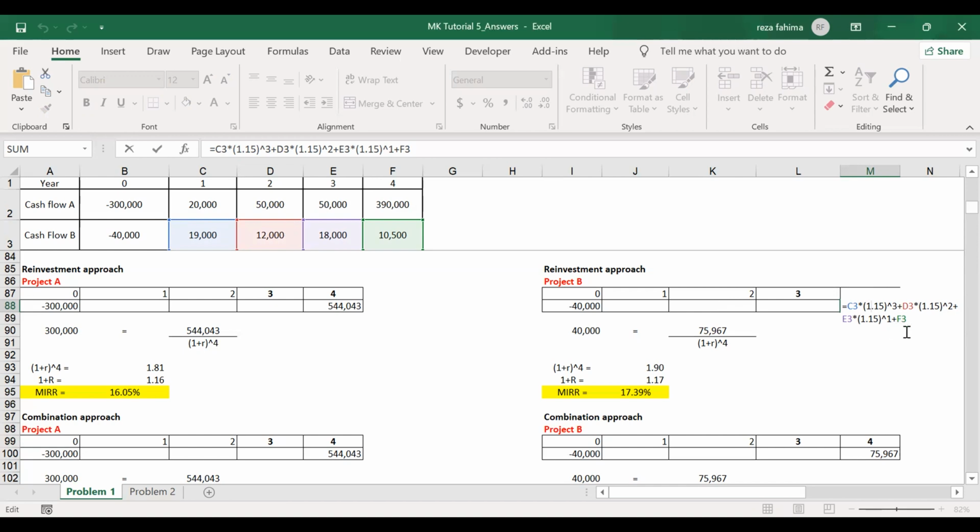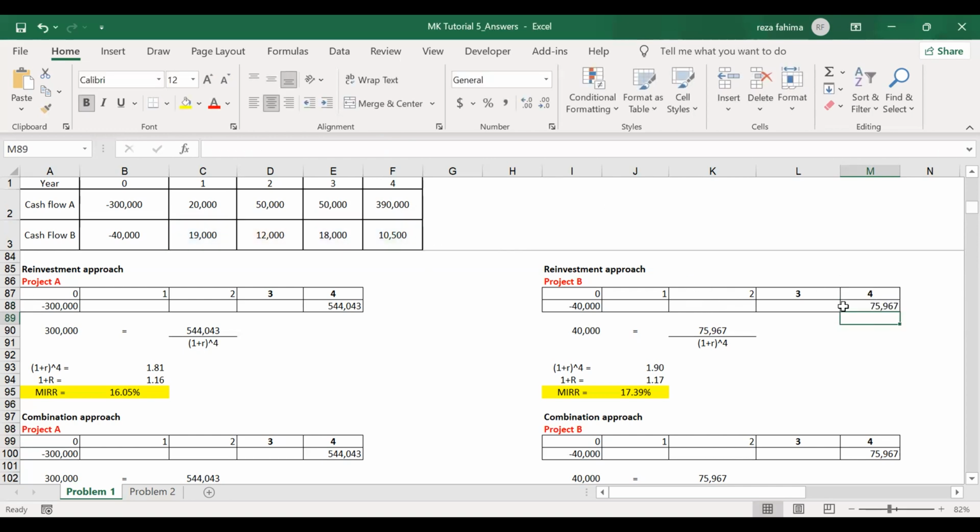And we also add the cash flow of the fourth year.